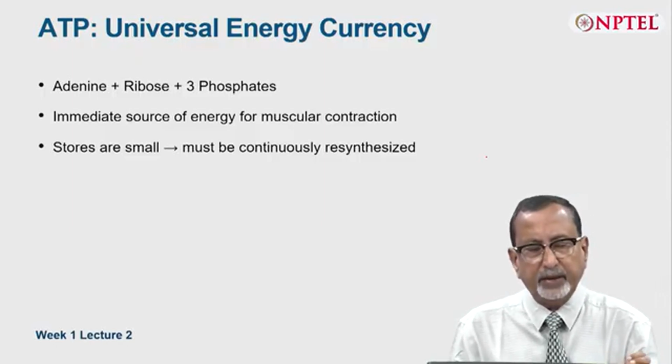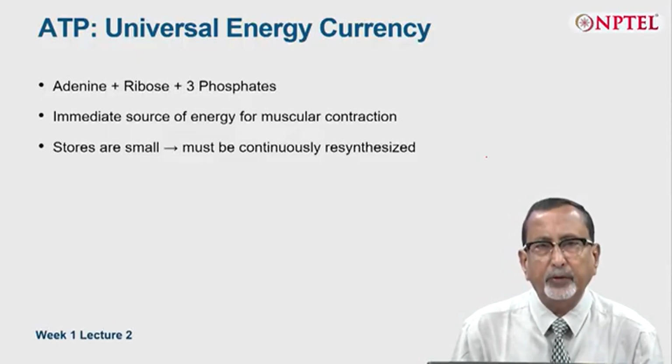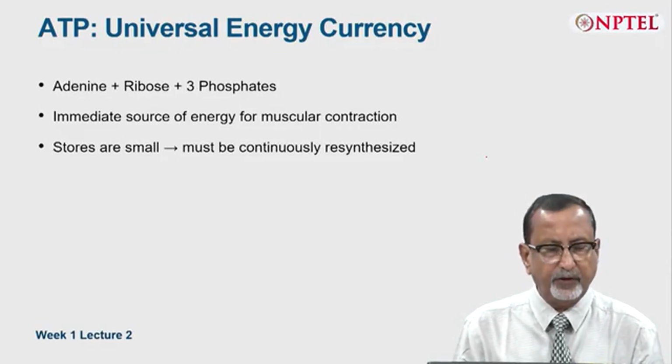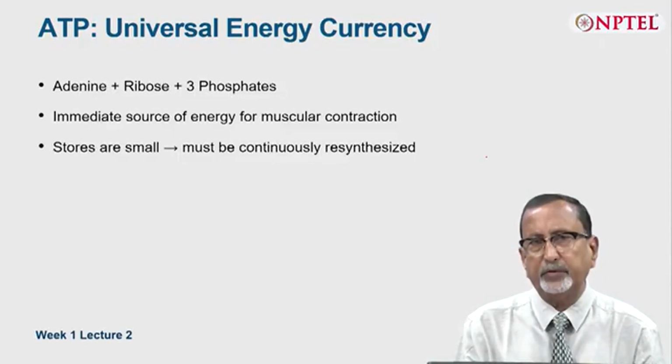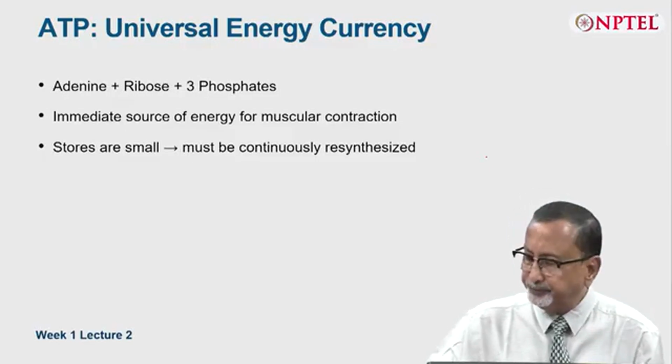So adenine attached with ribose, again a 5 carbon compound, and 3 phosphates attached to that, is adenosine triphosphate, which is the immediate store of energy. And the stores are small, as I have already mentioned. The ATP store is small compared to the creatine store. Creatine store is relatively higher than ATP. ATP store is around 40 to 50 grams, and creatine store around 120 grams.